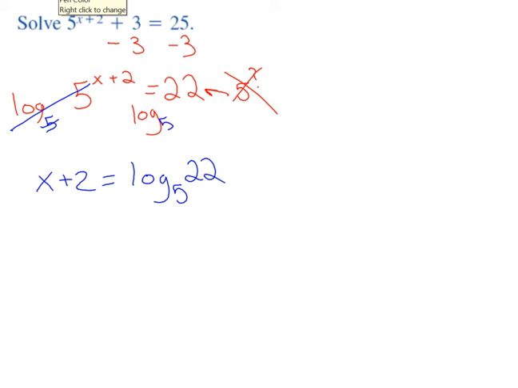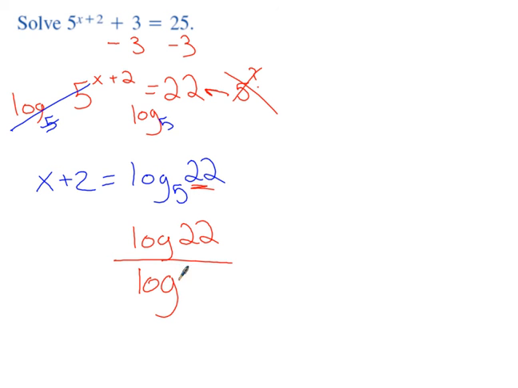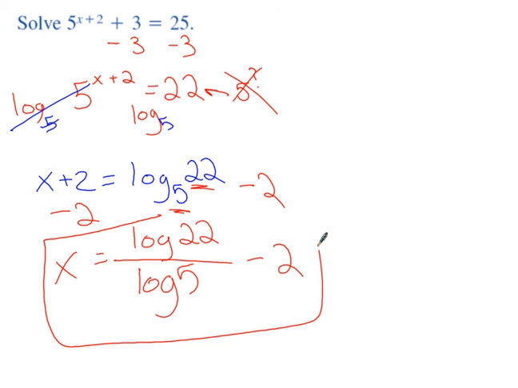Going to use the change of base formula. So again, it's the common log, the one that's on your calculator, of the number over the common log of the base. And because of the plus 2, I'll subtract 2 from both sides. And there you go. x is equal to log base 10 of 22 over log base 10 of 5, minus 2.